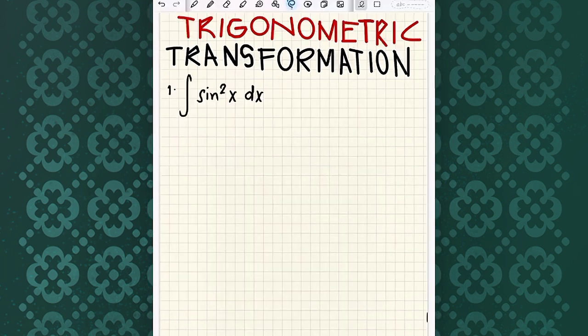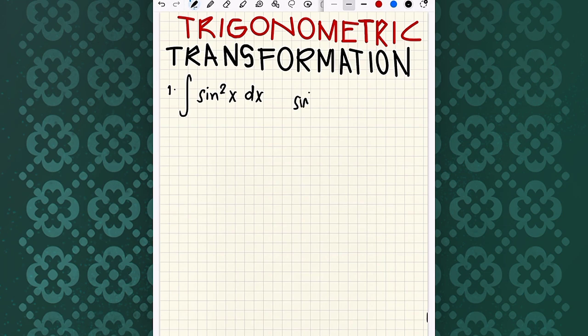Let's solve the first problem in trigonometric transformation, which is the integral of sine squared x. We can't integrate sine squared x directly, so we have to use the identity, the power reduction, since it has an even exponent.